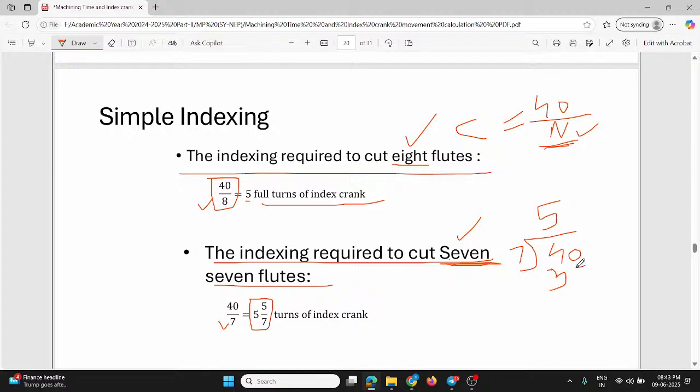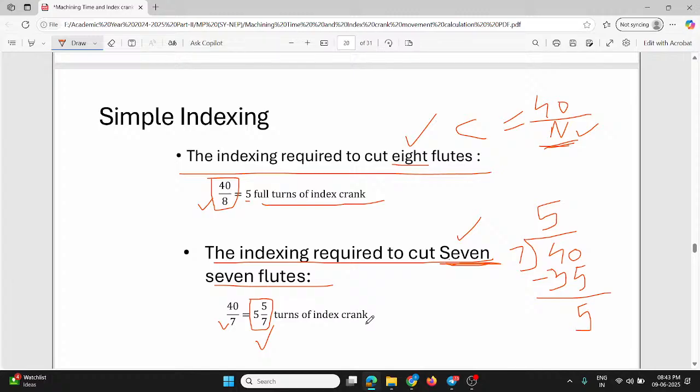So we can write that 40 divided by n can be written as 5 and 5 by 7.